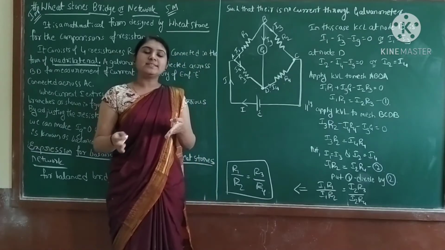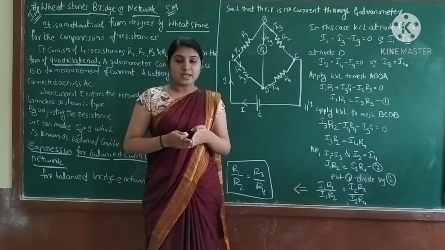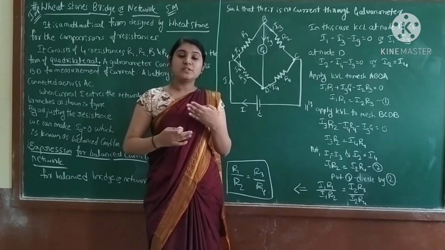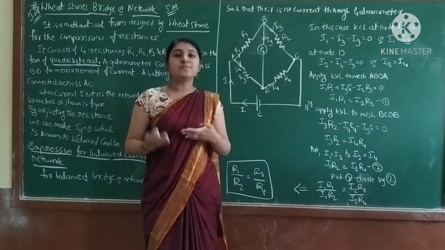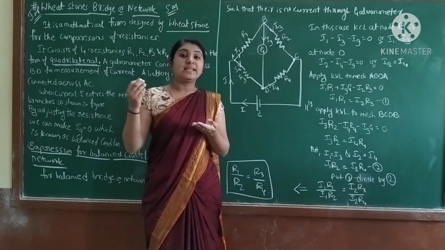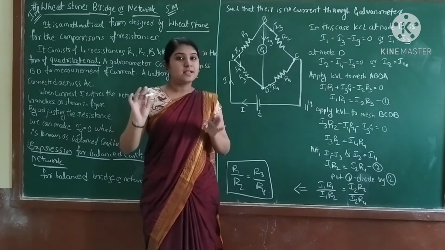Just tell me students, why do we consider the galvanometer in the network? In order to measure the current. With the help of the galvanometer we can easily measure the current present in the network.